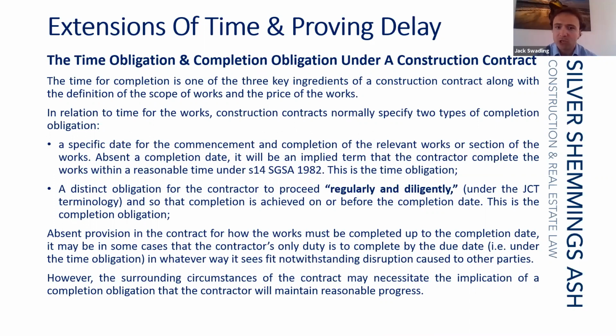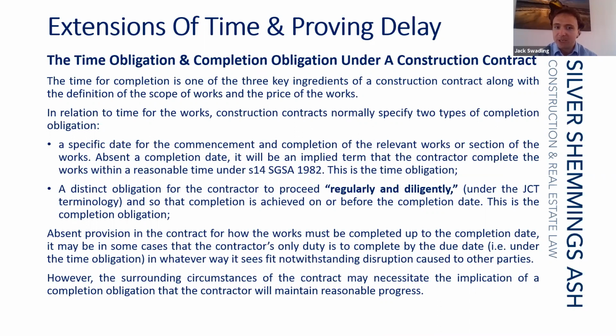Second, there is what I've called the completion obligation. And this is the obligation on the contractor for how it progresses the works from the commencement date to the completion date. Under the JCT terminology, the contractor is under an obligation to carry out the work regularly and diligently.